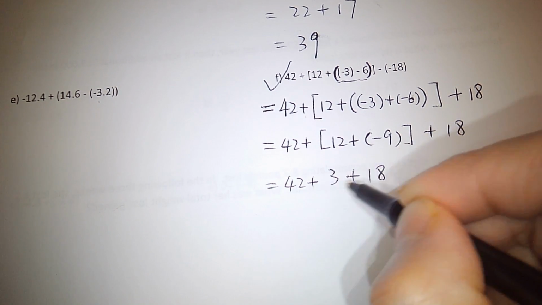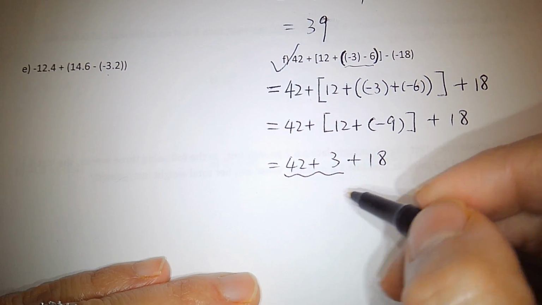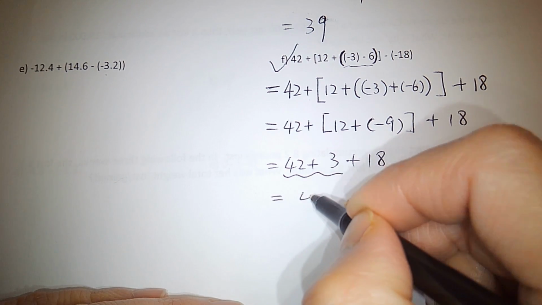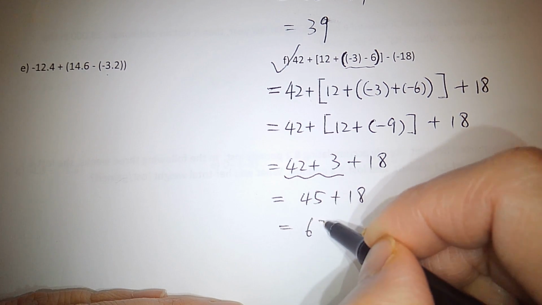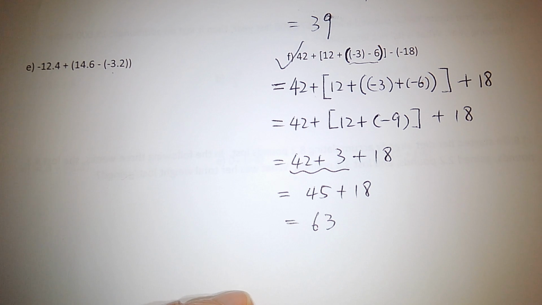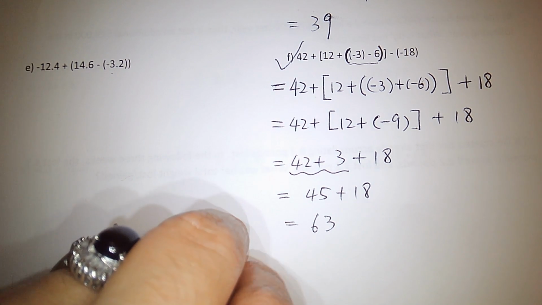Plus 18. Only addition, no parentheses, nothing else. Do it from left to right, right? 45 plus 18 eventually gives us 63. See, follow the order of operations. Everybody?